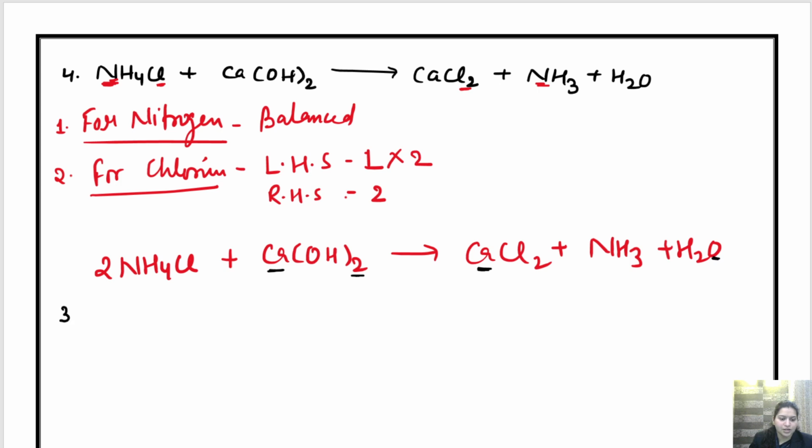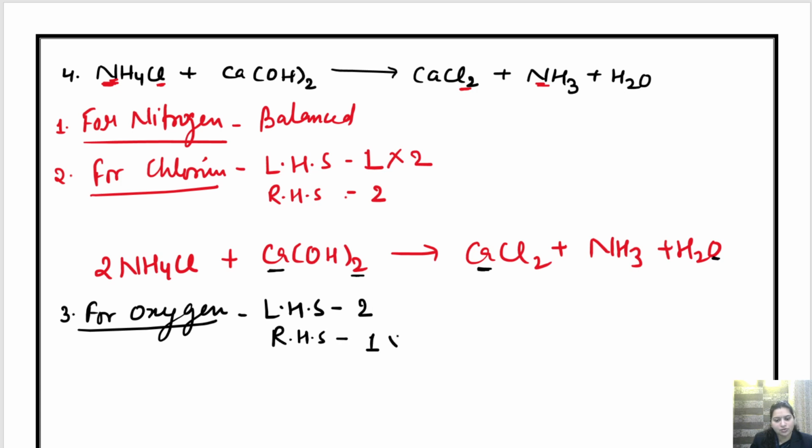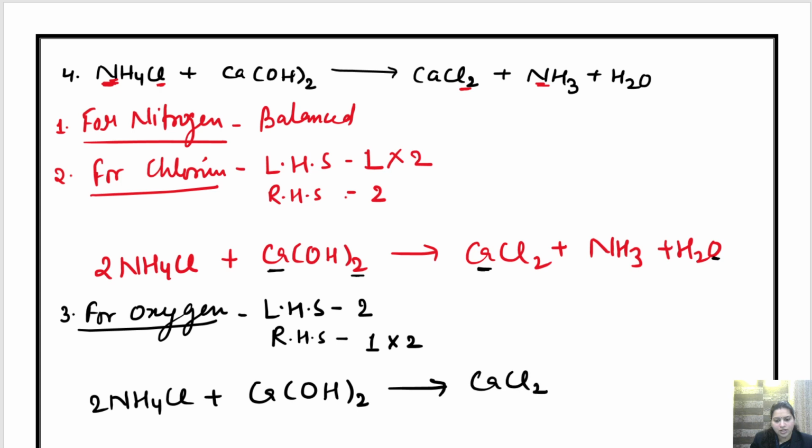So write here for oxygen in LHS we have 2 oxygen. In RHS we have 1 oxygen. So we will multiply 2 here. So what will be the chemical equation? 2NH4Cl plus Ca(OH) whole twice will give you CaCl2 plus NH3 plus we are adding 2 here.